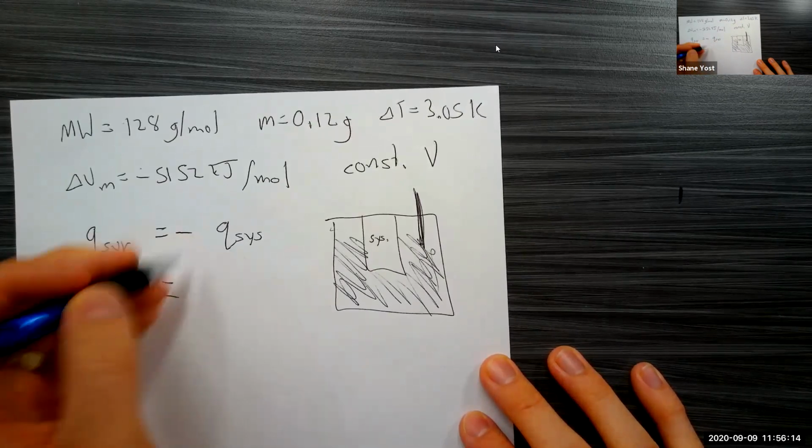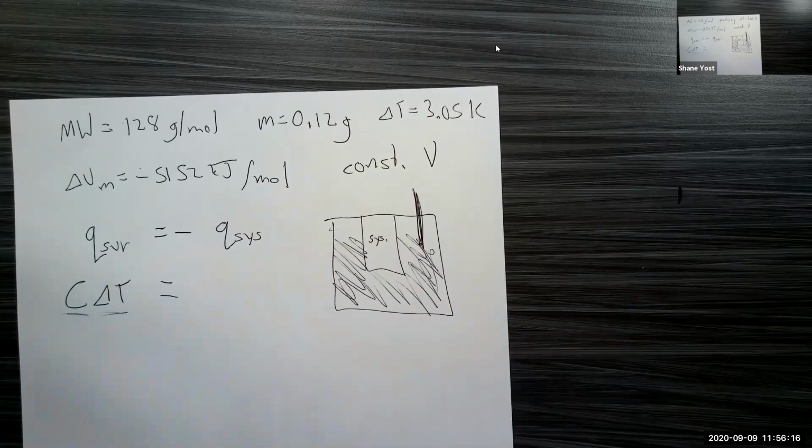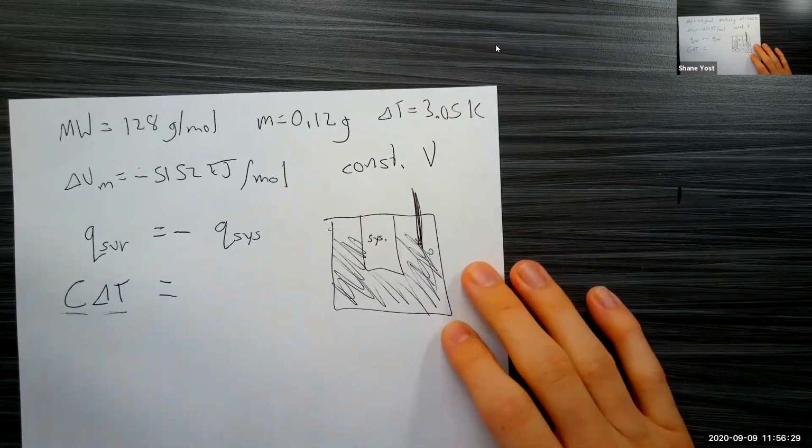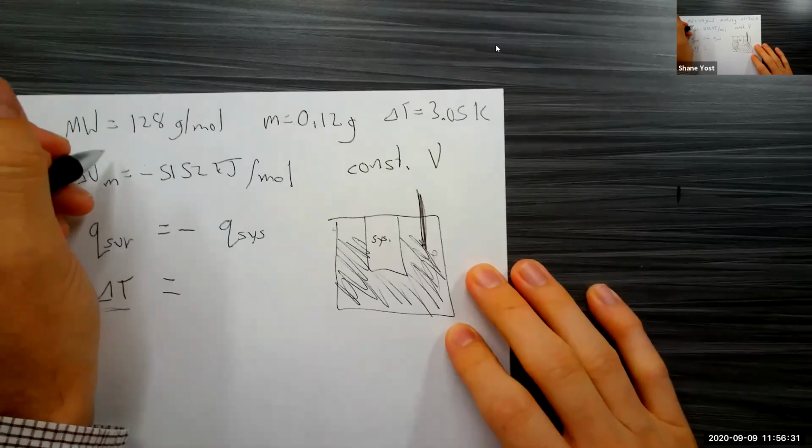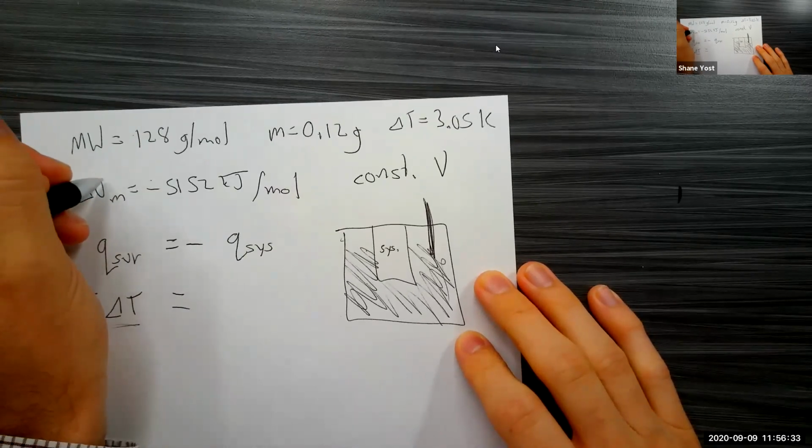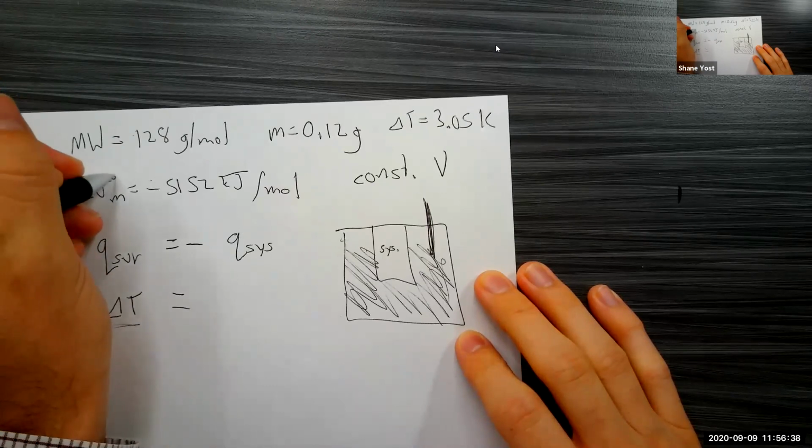Now for our system, I have a chemical reaction that's occurring. Since it's a constant volume process, the heat given off by that chemical reaction is given by the internal energy change of the chemical reaction. In this case, this is the delta U for the combustion reaction.